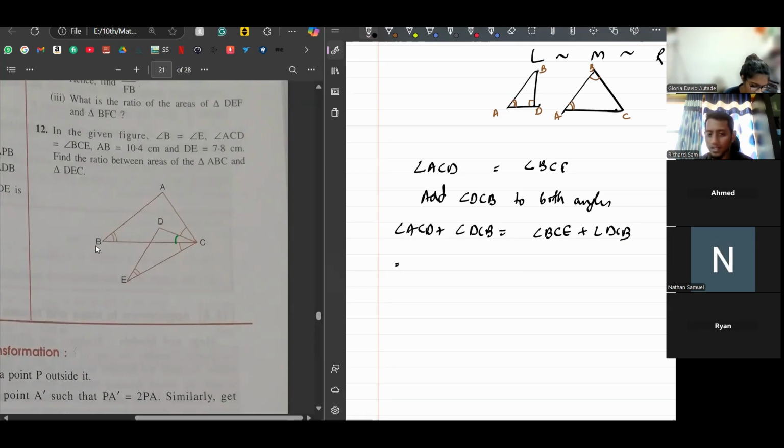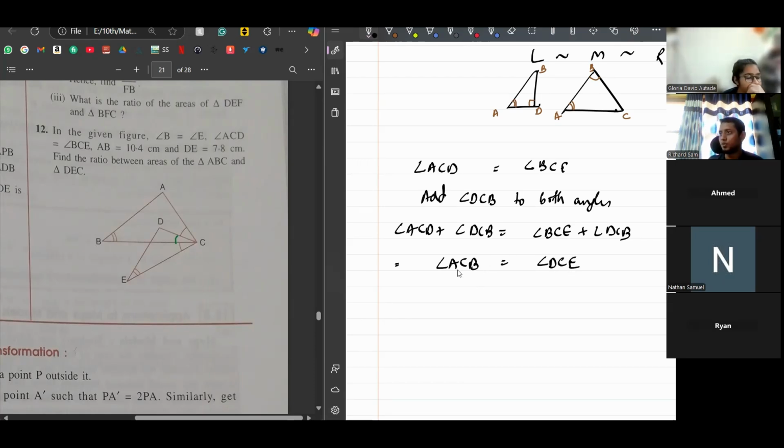ACB. And here if you add these two, that is BC, this one and this one, what do you get? DCE. So there you have it.